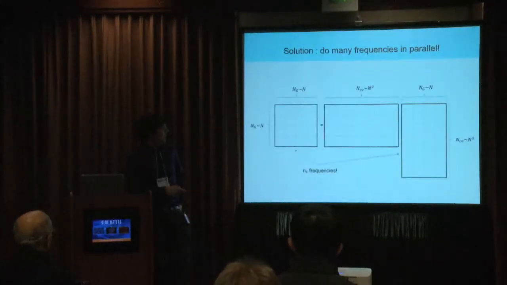And the way that you do this is that you just give each processor a bigger chunk of this matrix. So basically, a group of processors will do a smaller problem, and a bunch of these groups will work in parallel.